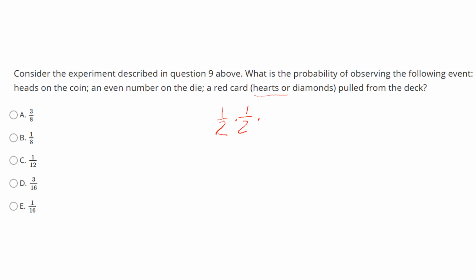Hearts or diamonds are red cards, and we know that there are a total of 4 suits. Therefore, hearts and diamonds together make up half the deck. And thus, again, we have multiplied by half. And that gives us the probability of observing those 3 specific outcomes given this experiment.